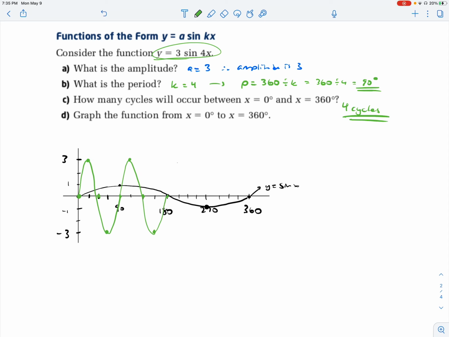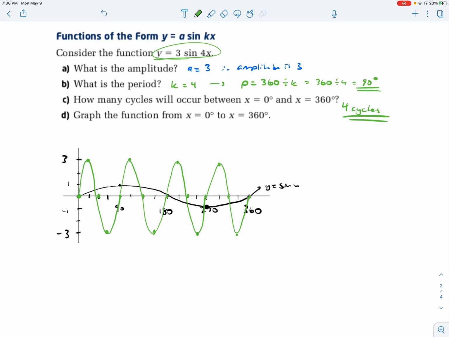So at the middle, we go to a max, back to the middle, down to the minimum, and then back to the middle again. And we're going to do that one more time. Back up to a maximum, to the middle, to a minimum, and then back to the middle again. And that's my 4 graphs, 4 full cycles of the sine function.